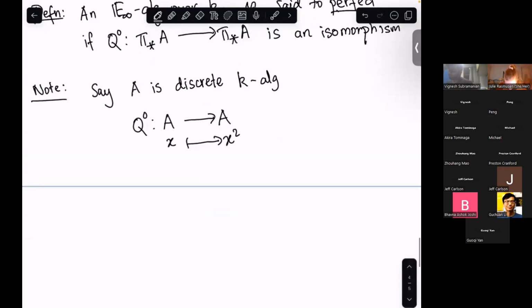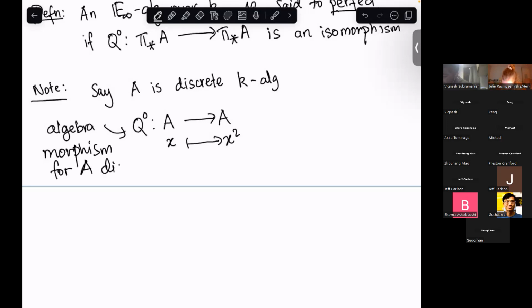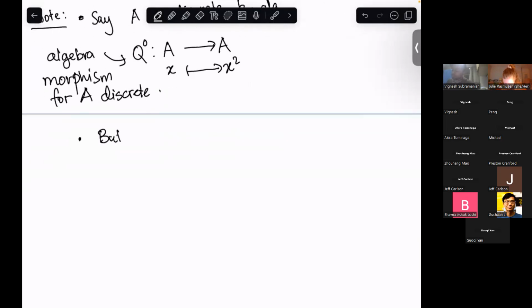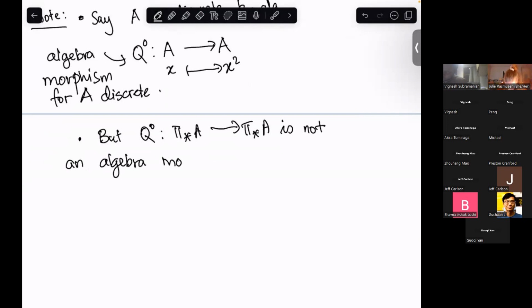So what happens is, for a discrete K-algebra, this Q0 is also an algebra morphism. But in general, Q0 from pi star of A to pi star of A is not an algebra morphism.